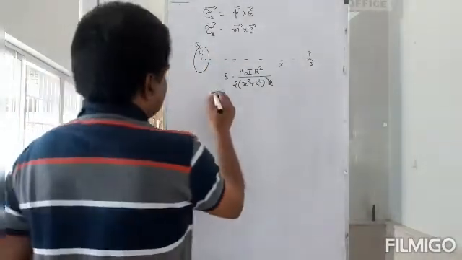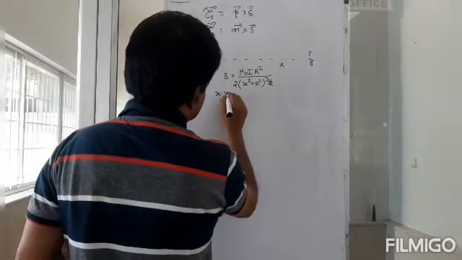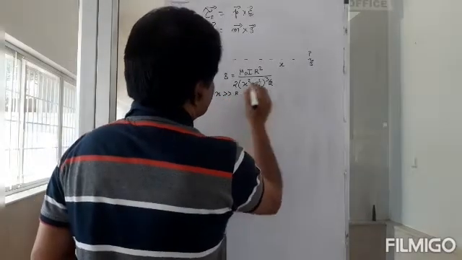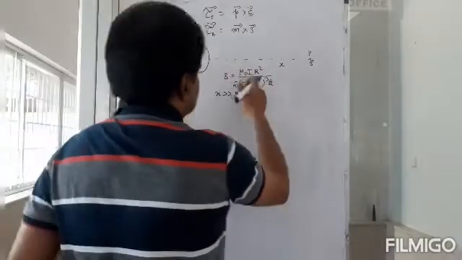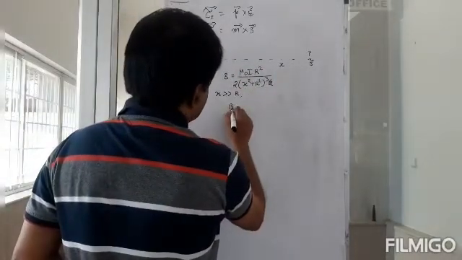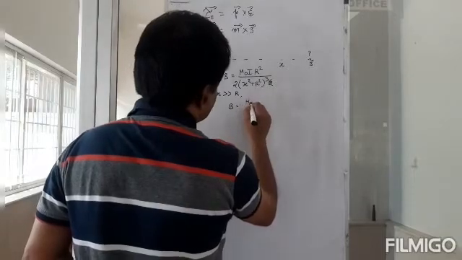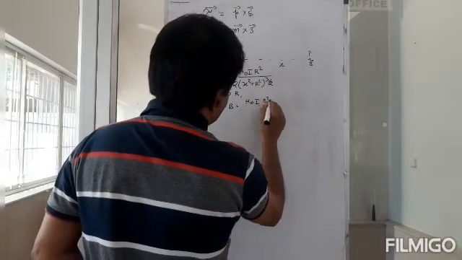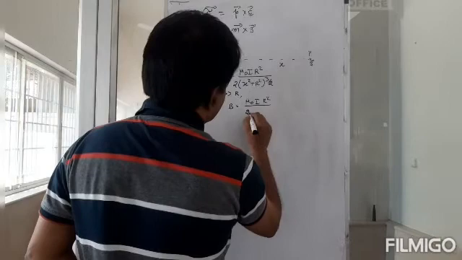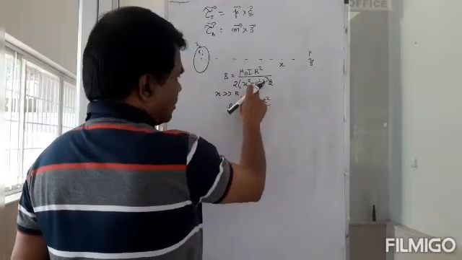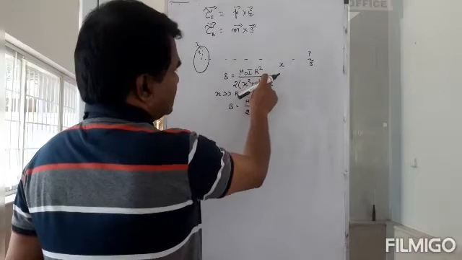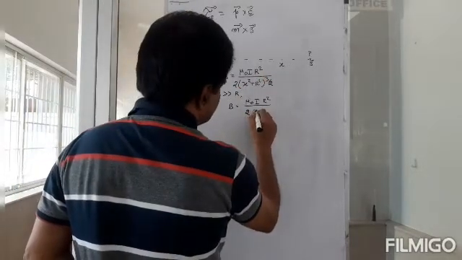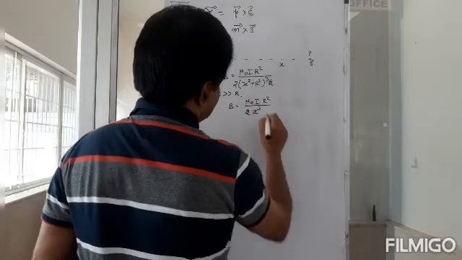So if x is much greater than r, then I can ignore r squared, and this expression becomes B equal to mu naught I r squared by 2, and x squared to the power 3 by 2 gives me simply x cubed, so 2x cubed.